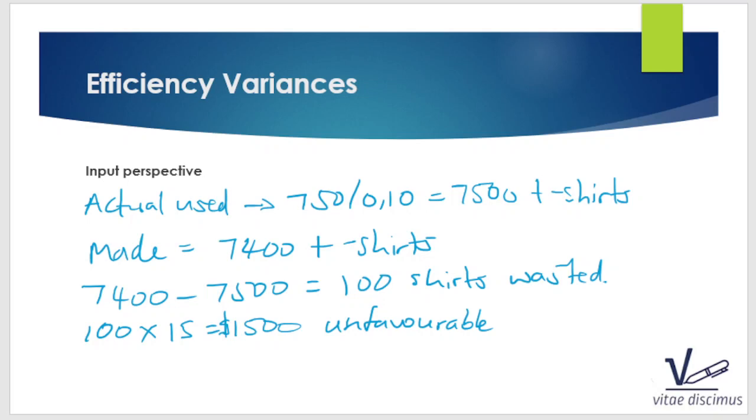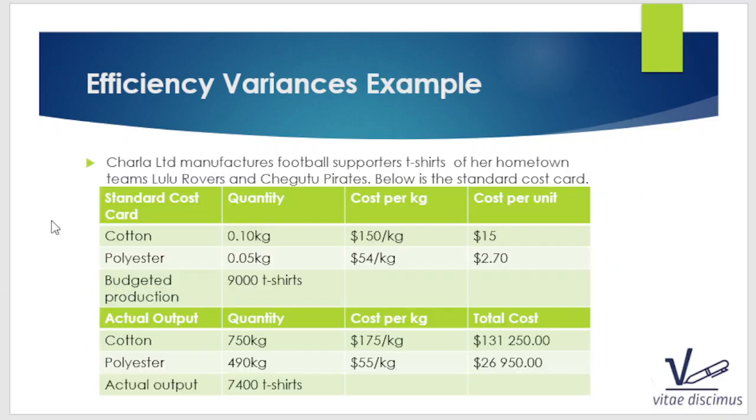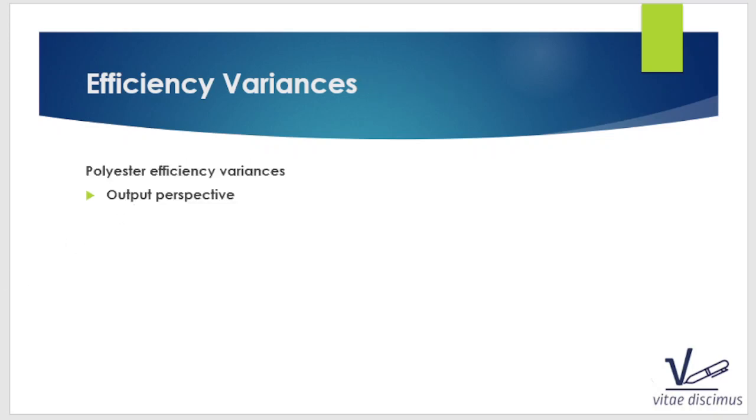Then we come to the other variance as well, which is for the polyester. With regards to our polyester, again, we want to look at it from an output perspective as well as from an input perspective. From an output perspective, what was our output?